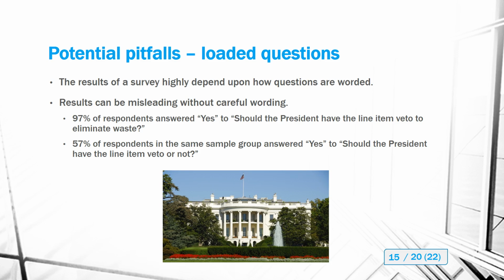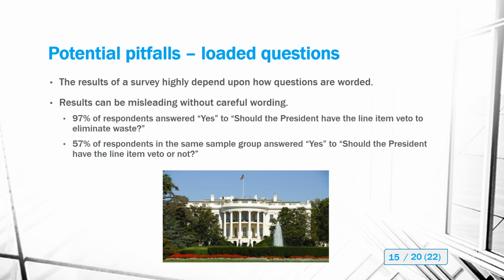There's an example here on the slide. If I were to ask, should the president have the line item veto to eliminate waste, then we can see here 97% of people respond to that with a yes in the affirmative. But notice how the number of affirmative responses goes down if I change the wording of the question to, should the president have the line item veto or not? See, in the first instance, the question is worded in such a way as to suggest that there's one option that's approved.